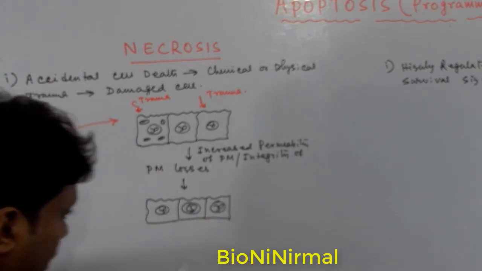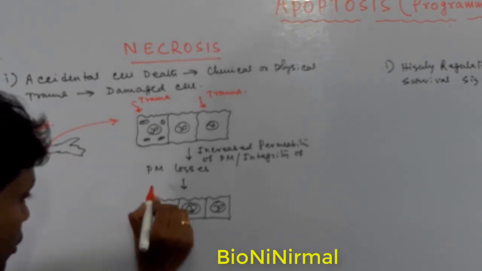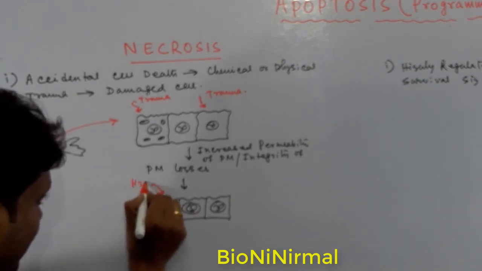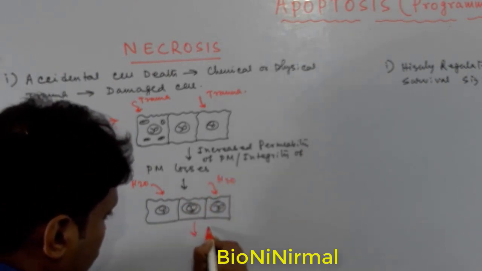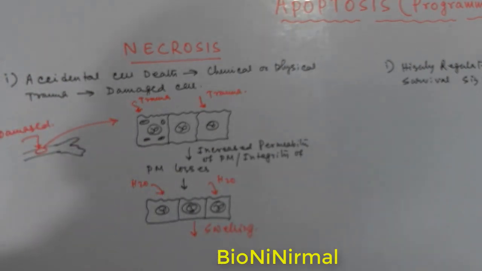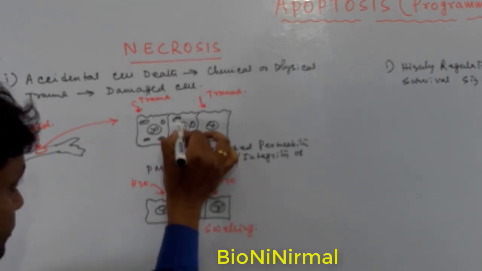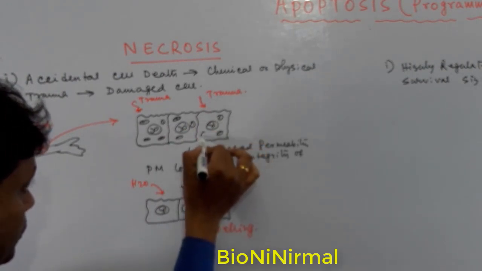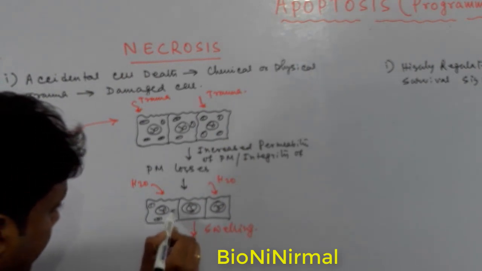These are the chromosomes, and this causes the entry of water. So water enters into this damaged cell, and the cell becomes swollen, and there are the cellular organelles in the cytosol.